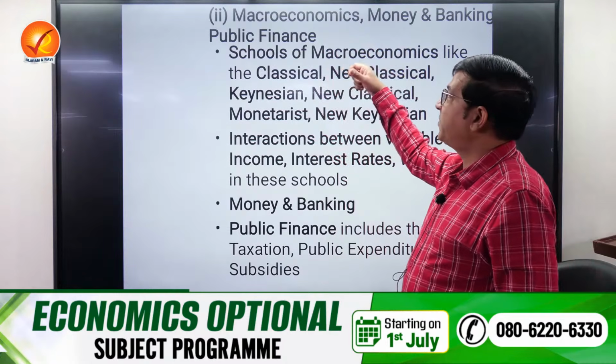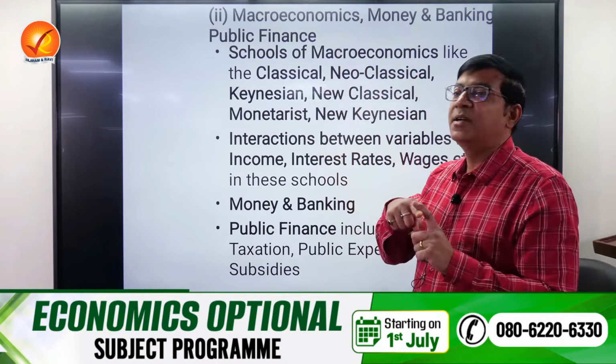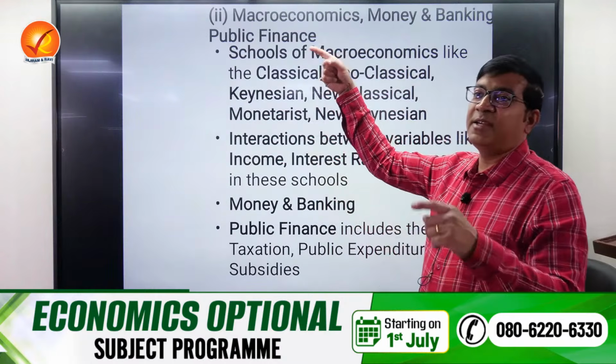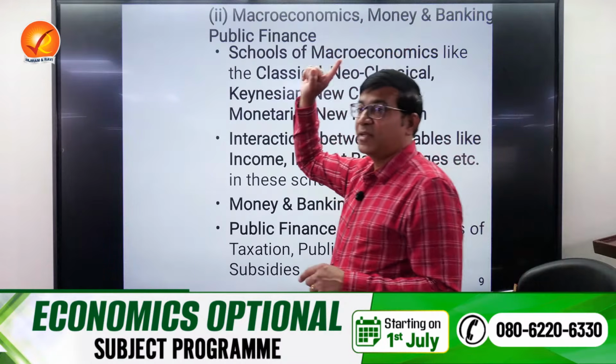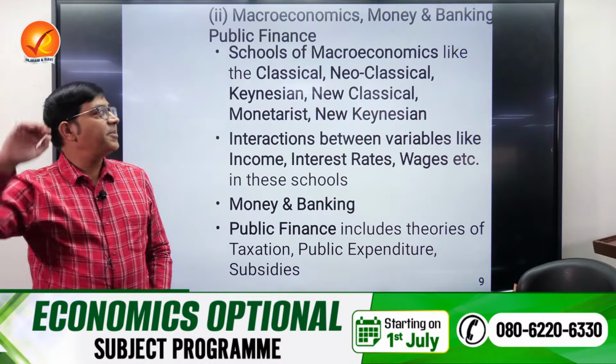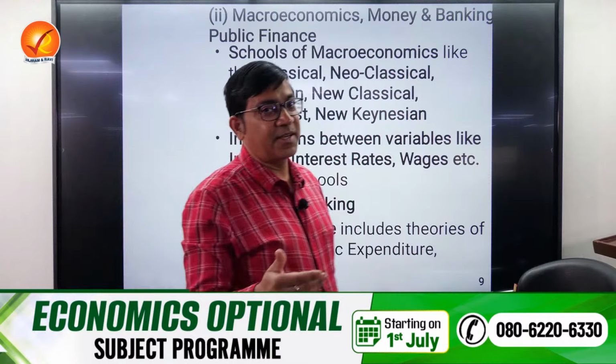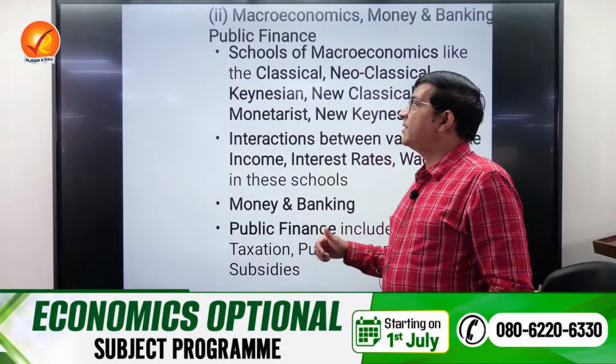Those who have an economics background should know money banking and macro are interrelated, and public finance is interrelated with microeconomics. Those who are well aware of microeconomic concepts like demand supply can understand public finance, like taxation theories, etc., more easily. That is the basic idea.